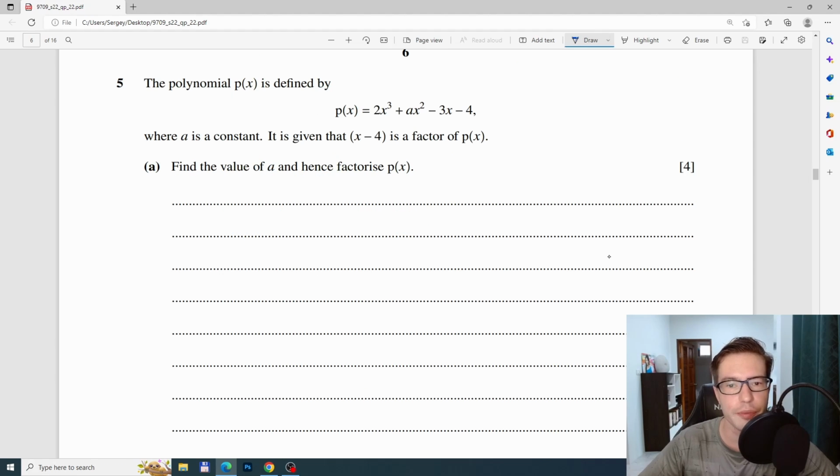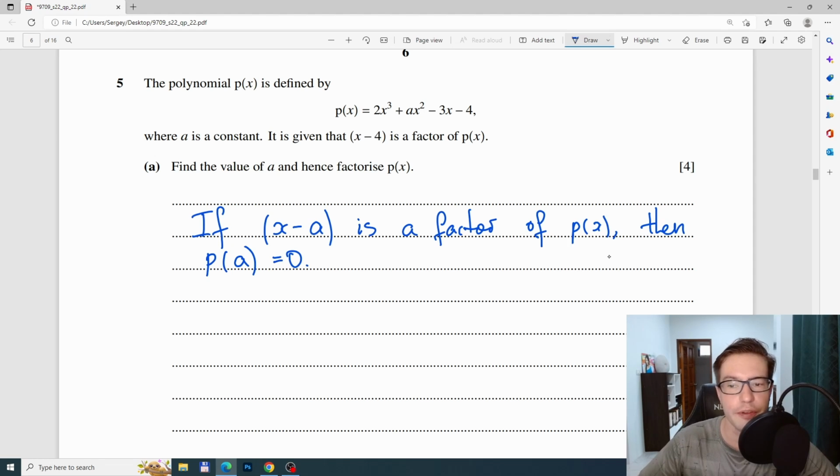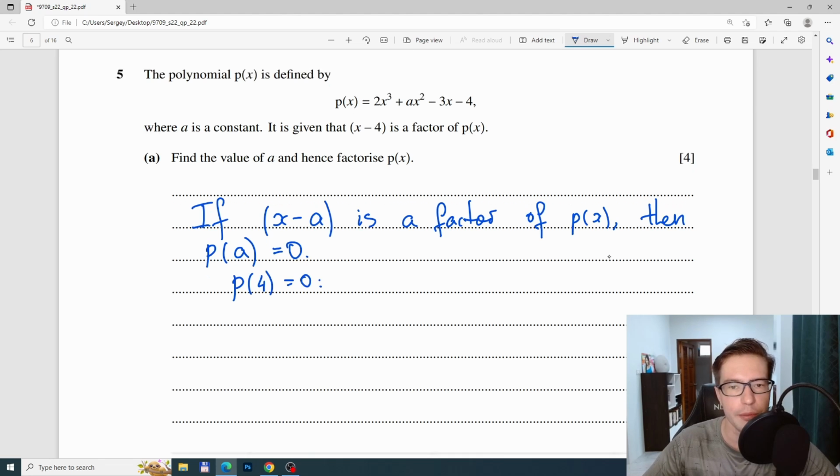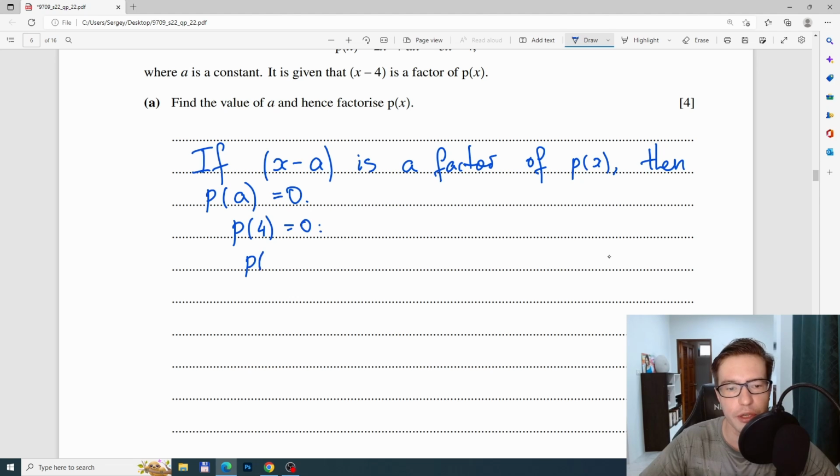Alright, question 5 is about the factor theorem, which is: if x minus a is a factor of p of x, then p of a must be equal to 0. So that means in our case, p of 4 must be equal to 0. I'm going to substitute 4 into our polynomial, and I will get 128 plus 16a minus 16, and that must be equal to 0.